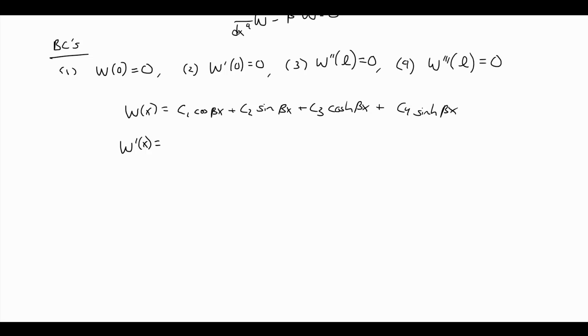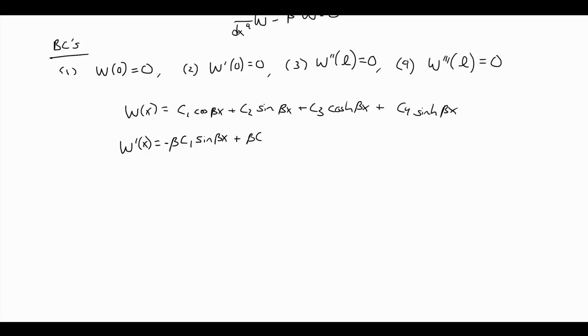Well, we're going to have, term by term, a cosine beta x. Remember here we have to use a chain rule. So we are going to get a beta c1. Beta comes out from the chain rule, and then the derivative of cosine is going to give us negative sine. So sine beta x and a negative out in front. For the second term, again, chain rule is going to be applied.